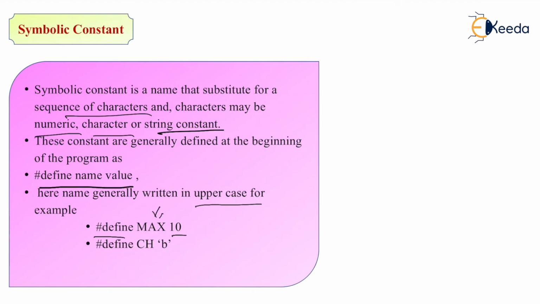Next, consider #define CH is a variable name and I'm saying that single quotes of b is a character. Next, #define NAME in the double quotes we are saying Sony. So I can store a string value also as a constant using symbolic constants.